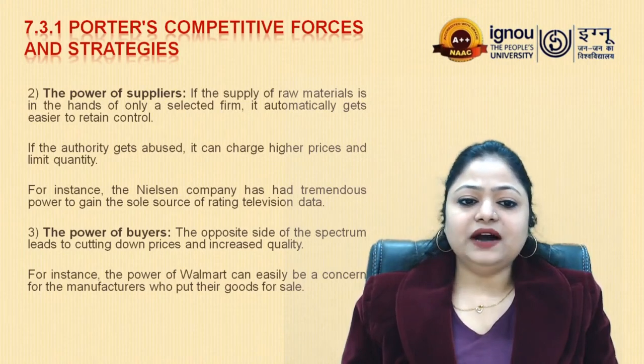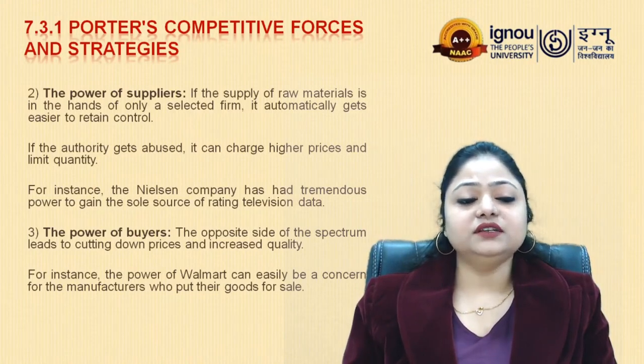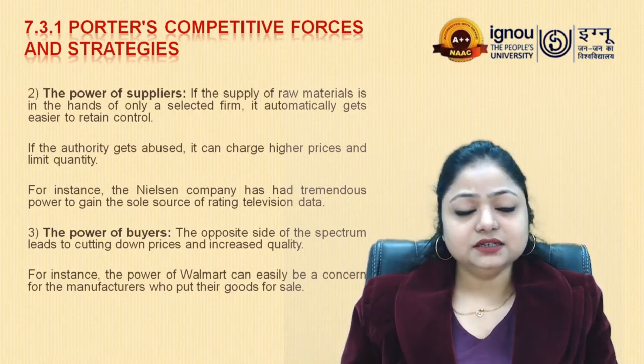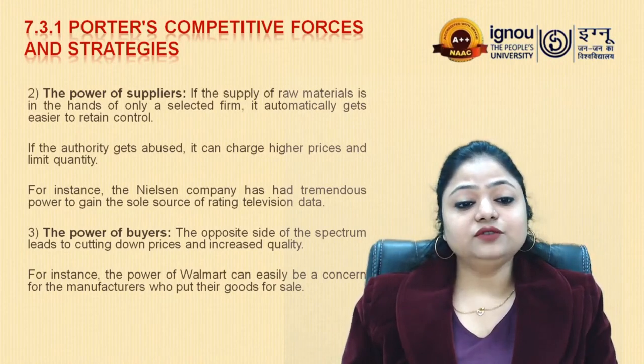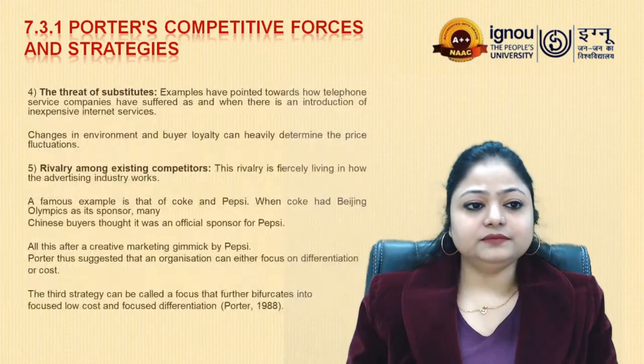Then the power of buyers. The opposite side of the spectrum leads to cutting down the prices and increased quality if the buyers are large in number and we have to target a larger segment of the market. So the power of buyers is also one of the forces. Like the power of Walmart can easily be a concern for the manufacturers who put their goods up for sale.